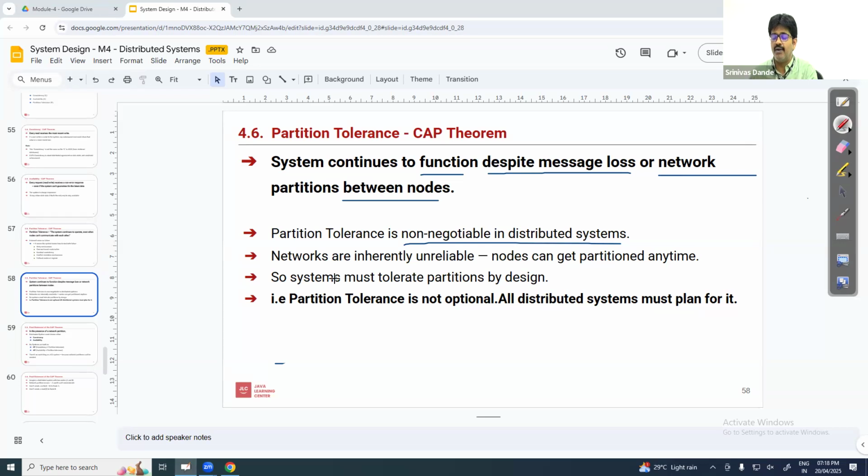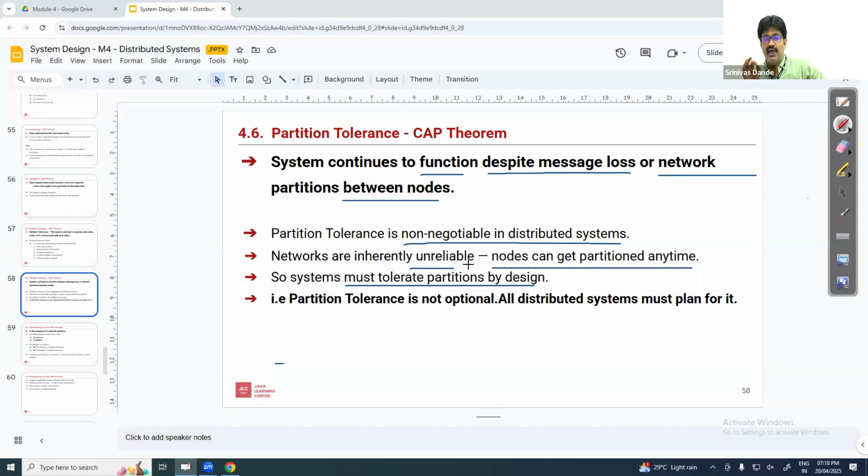What is the meaning of that? Networks are inherently unreliable, so nodes can get partitioned anytime. Nodes can be separated anytime, isolated anytime. Problems can come anytime. So the distributed systems you design must tolerate partitions. Systems must tolerate partitions by design.